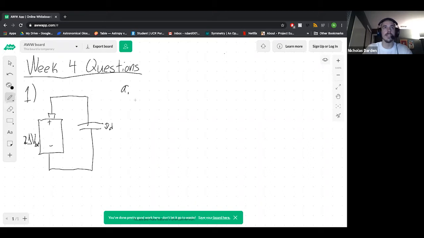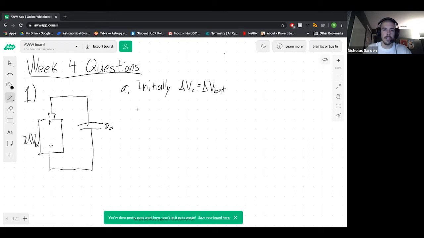So for part A, it says, does the potential difference change over our capacitor? And just thinking conceptually, the reason that there was a voltage difference over this capacitor initially was because of the voltage from the battery. So we can say, right, like initially delta VC was just equal to delta V battery.